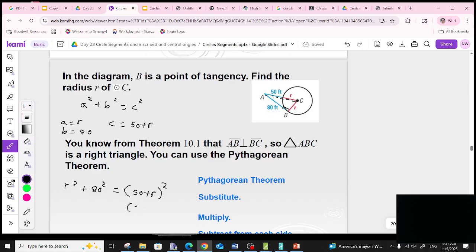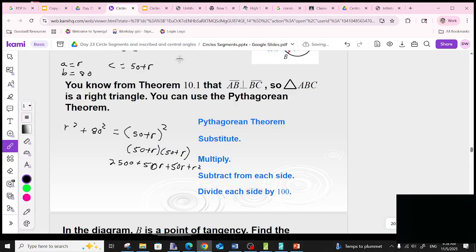I need to do 50 plus R times 50 plus R. I have to actually FOIL that out. So that's going to be 2,500 plus 50R plus 50R plus R squared.